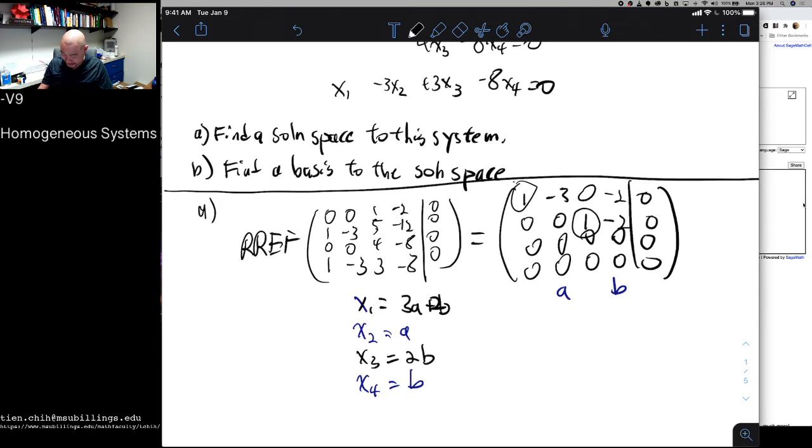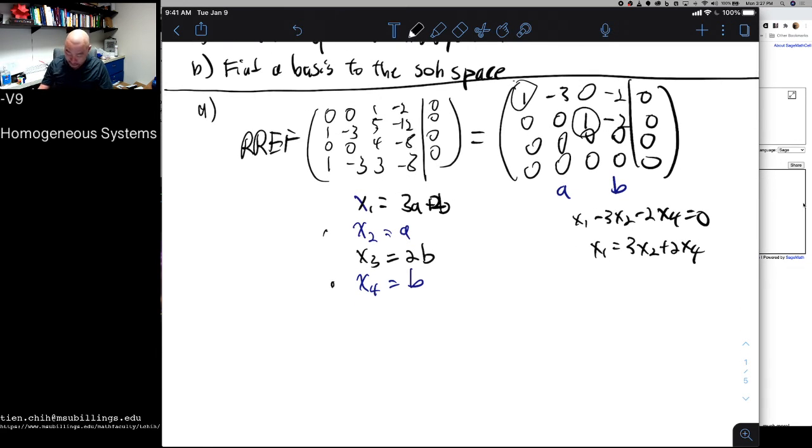And the reason I know this, let me work one of these out. This first equation tells me x1 minus 3x2 minus 2x4 is 0. So x1 must be 3x2 plus 2x4, and we've already decided that those were A and B. And x3 follows in the same way.